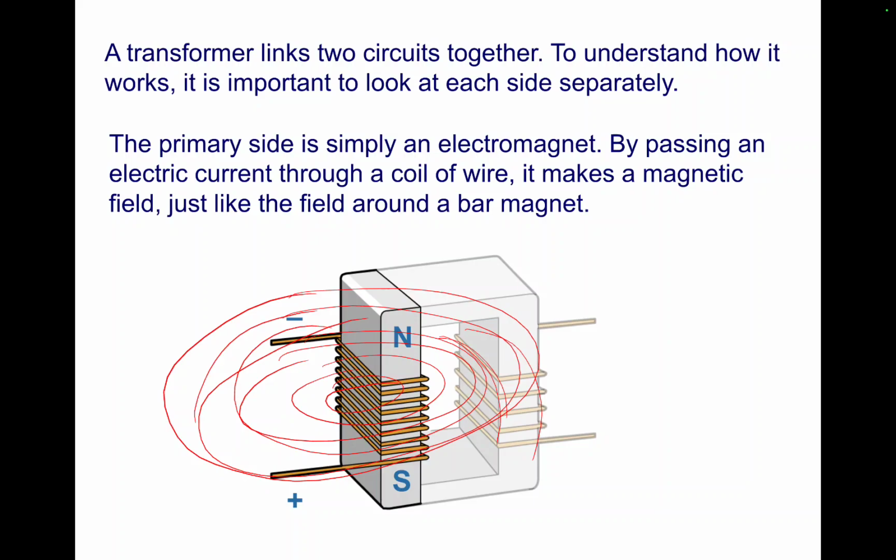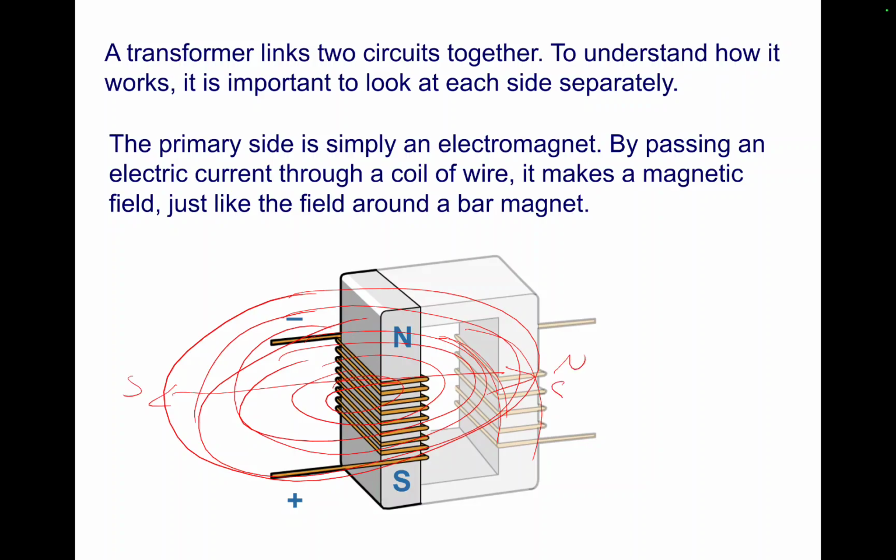If it just stayed there, you'd get some initial electromagnetic induction on the secondary coil, but it'd only last for a split second, and then, if the field's not moving, there's no electromagnetic induction. So the fact that it's alternating means this field will keep switching directions. Let's say this is the north side and that's the south side.